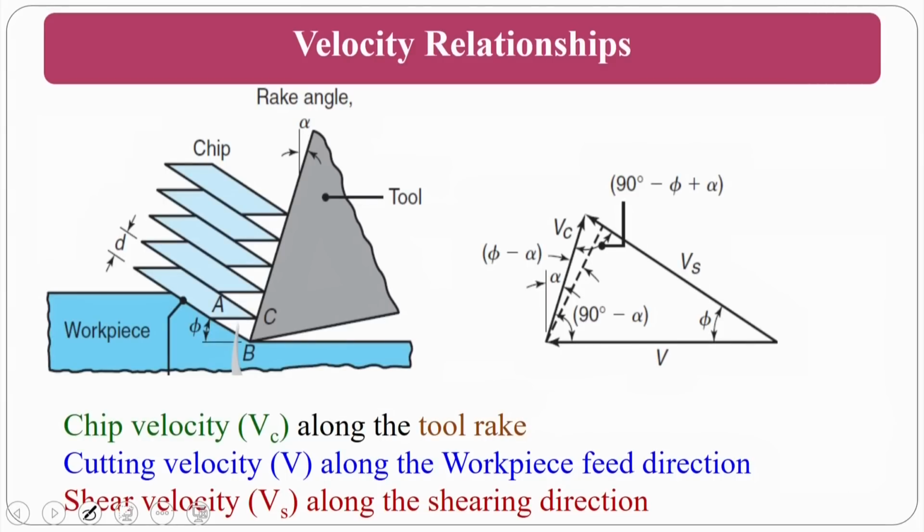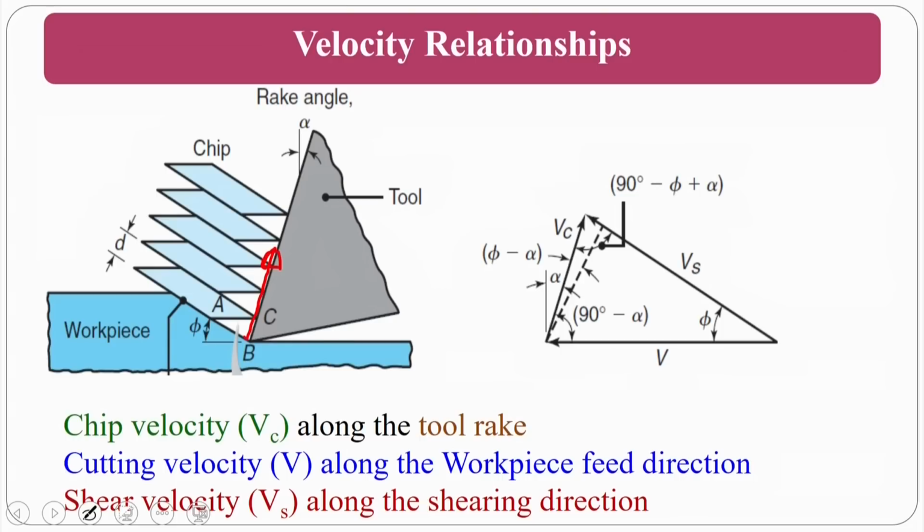Now we are moving to the velocity relationships. As we know, there are three velocities in machining. One is chip velocity. You can see the chips here for better understanding. Assume my chip velocity is in the direction of my frictional force.